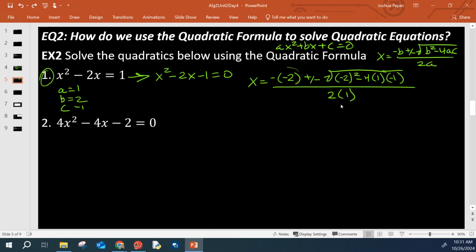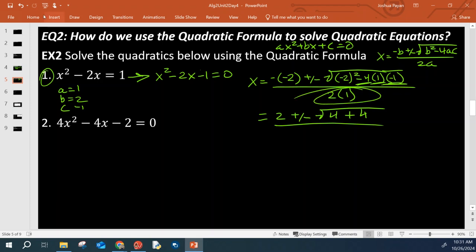So first, I'm going to start off by taking care of some trivialities, right? So negative negative 2, that's just a 2, plus or minus negative 2 squared, so that's a 4. Negative 4 times 1 is negative 4, times negative 1 is going to be positive 4, so this becomes a plus 4. 2 times 1 is just 2, and this already is much simpler than it was.